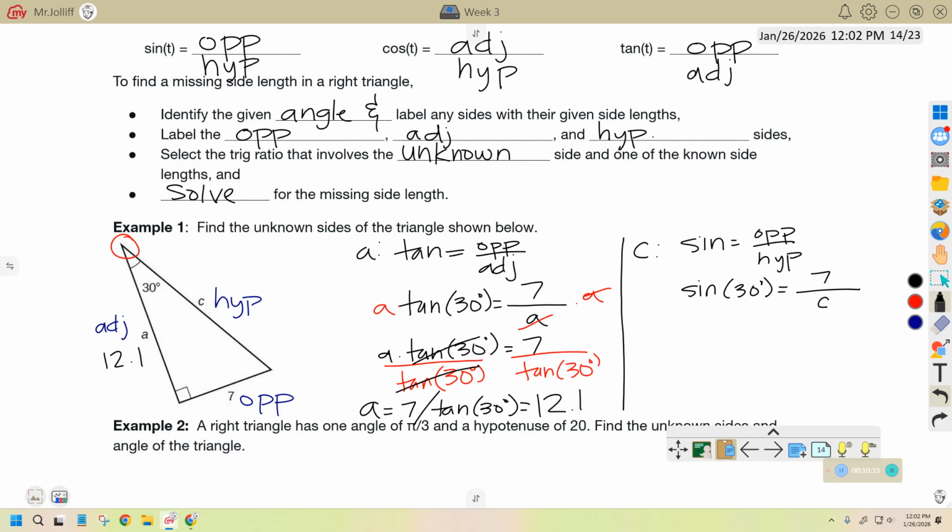I divided by sine to get sine on bottom on the right. I can do that all in one step. C equals 7 over sine 30. Because I know that's what's going to happen. I just did that same math with a different fraction.